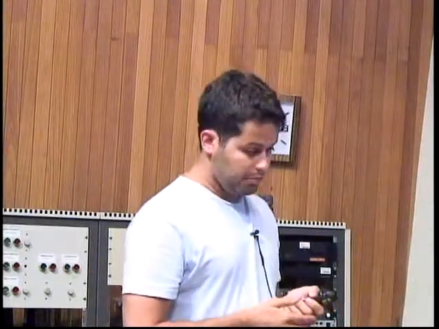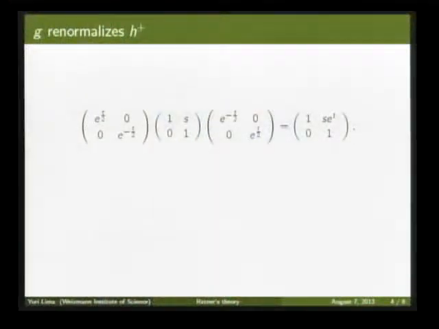what is the importance between the geodesic and the horocycle flows? So I said a few properties of the geodesic flow and the horocycle flow, and I said that they relate to each other because G renormalizes the horocycle flows. And what do I mean by this? I mean by this matrix identity. So if you look at this matrix identity, in other words, what you have is that the horocycle flow and the geodesic flow satisfy this equation.